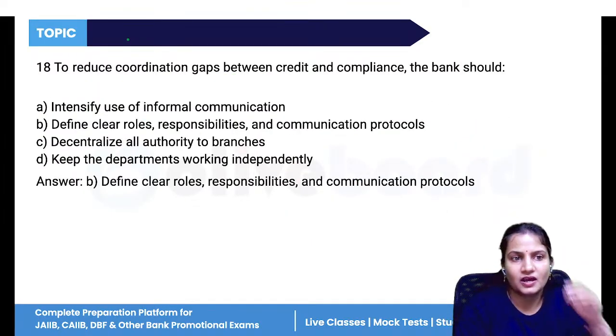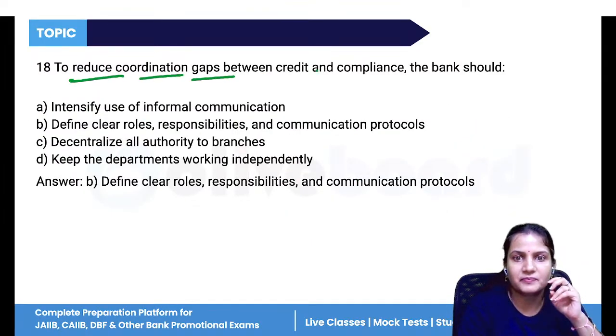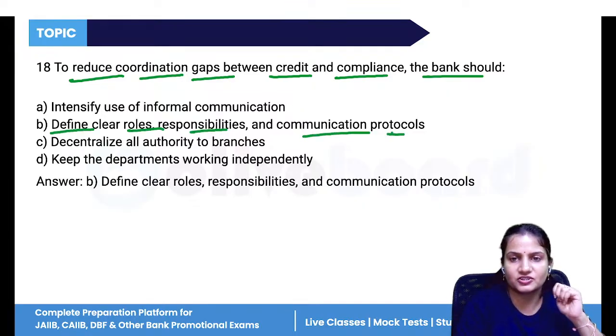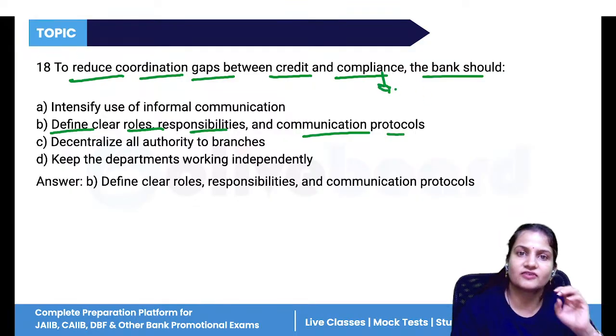Now, to reduce the coordination gap between credit and compliance, the bank should clearly define the roles, responsibilities, and communication protocols. See, already the nationalized bank is restructuring. Why?